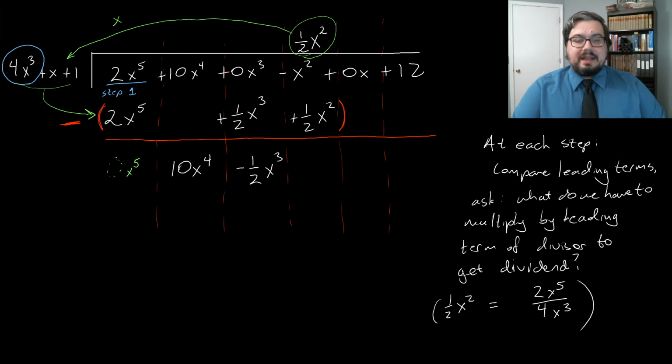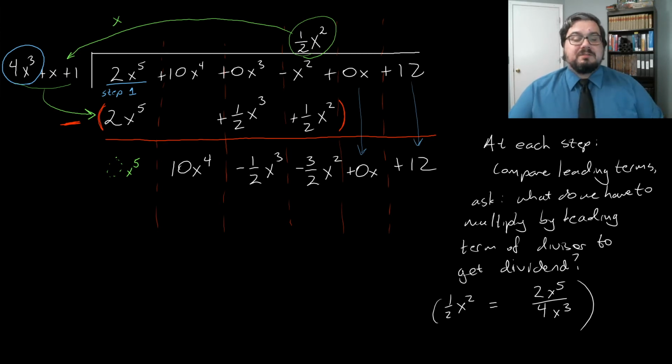And then negative x squared minus 1/2 x squared gives us negative 3/2 x squared. Now we bring down the remaining terms. And this is important here. We don't have to worry about this all the time when doing division of numbers, but when doing long division of polynomials, you want to be bringing down all your terms every time.